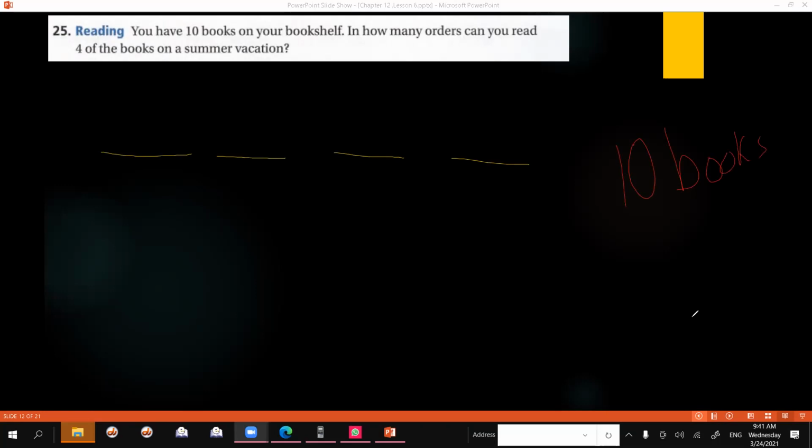So that means for the first choice, you have 10 books. Then when you choose one of them, you have 9 books. When you choose the second one, you have 8, and then 7.